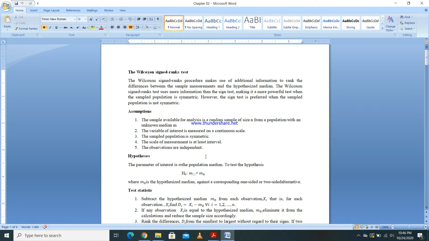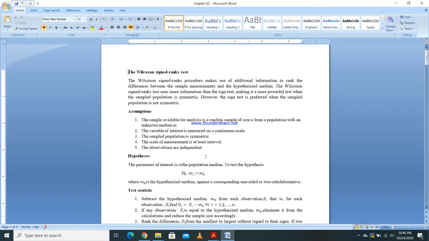In that sense the Wilcoxon signed rank test is more powerful, since we are using more information. But it is more appropriate when our population is symmetric. If your population is not symmetric, it's always better to go with the sign test.